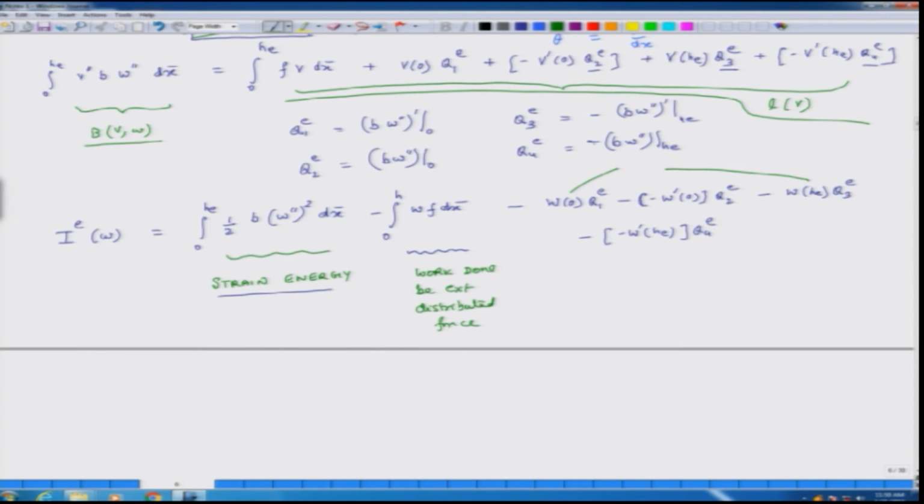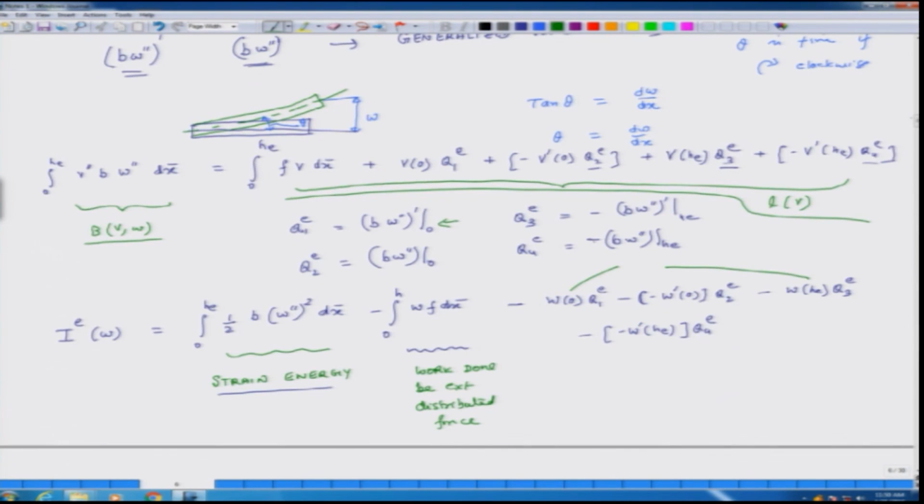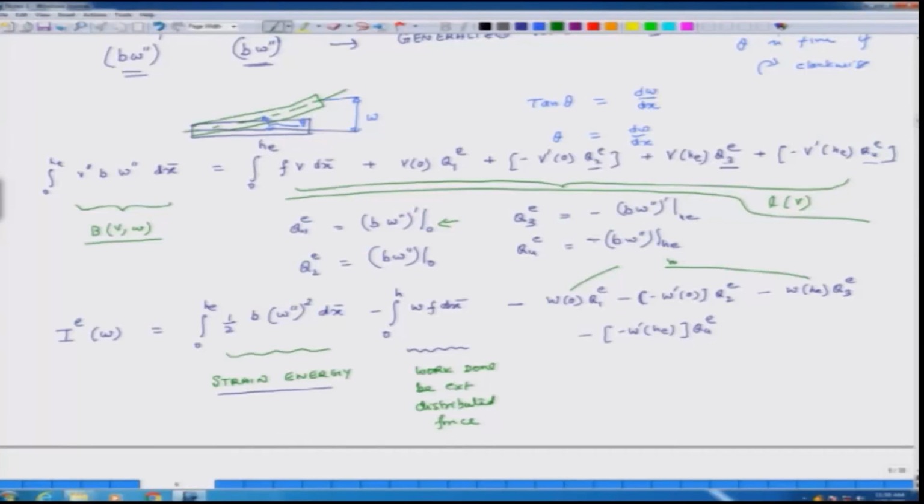If you look at the definition of Q1, it is B times the third derivative of W. So this is the shear force, and if I have an external point force, shear force, and at that point the deflection is W at 0, then that is the work done because of that particular shear force, right. So this is work done due to point forces.